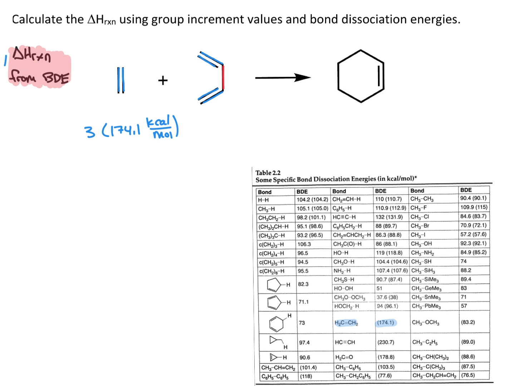For the carbon-carbon sigma bond, I'm going to use this value, 90.1. Now again, this isn't perfect because this is a methyl-methyl bond, whereas the bond strength of this is going to be a little bit different because it's connected between 2 sp2 hybridized carbons, but this is close enough to get us an estimation.